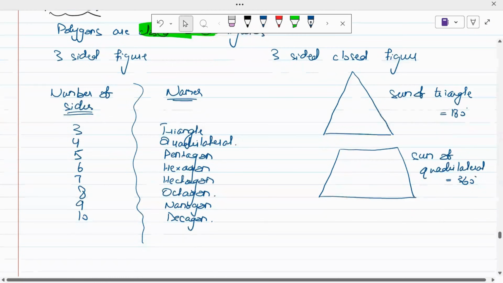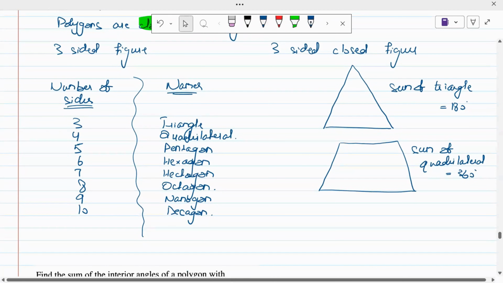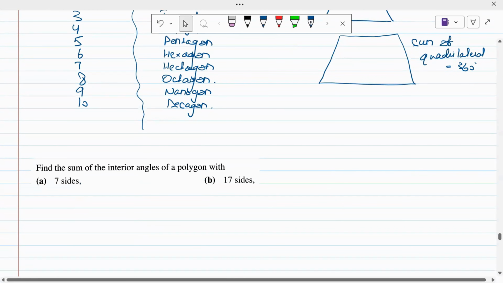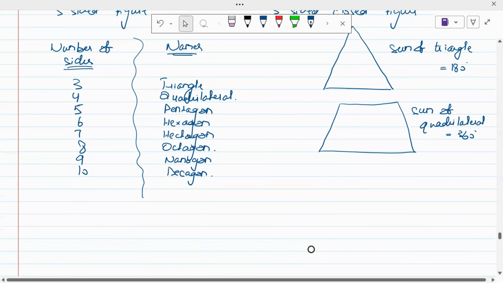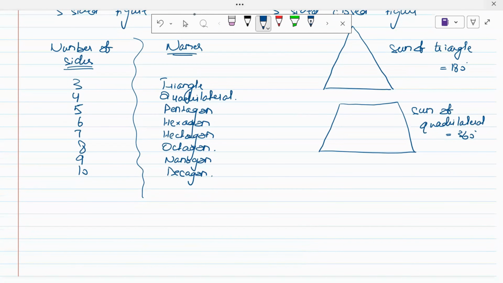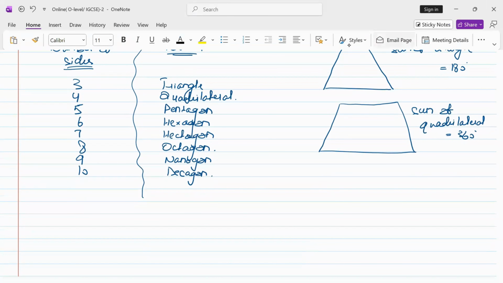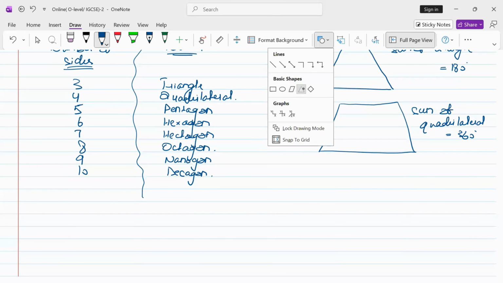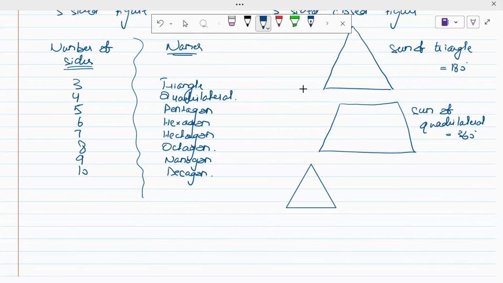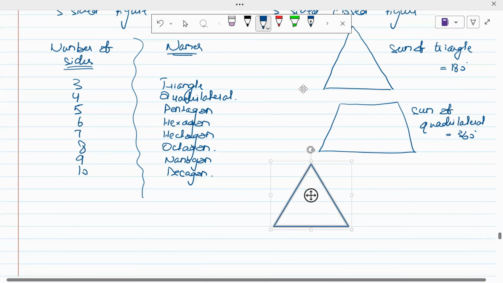Before looking at the formula, we should know a couple of terms which we call the interior and the exterior angle. If I make a triangle, for example, we know that it's a polygon, so we are taking a triangle to represent a polygon generally.